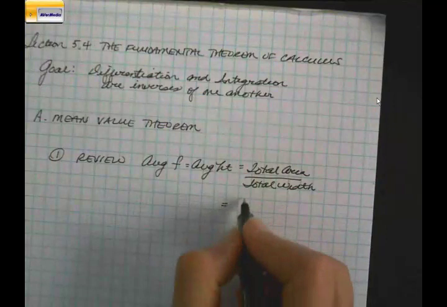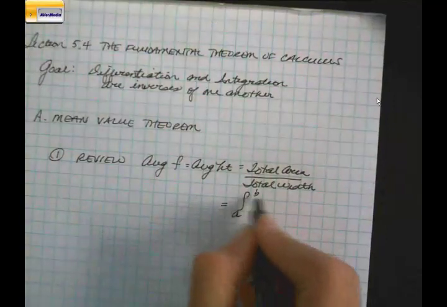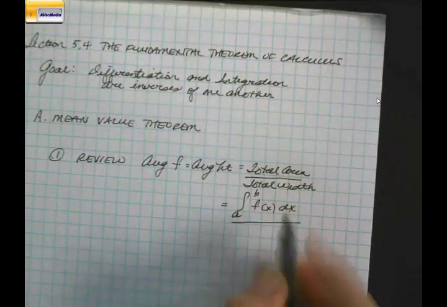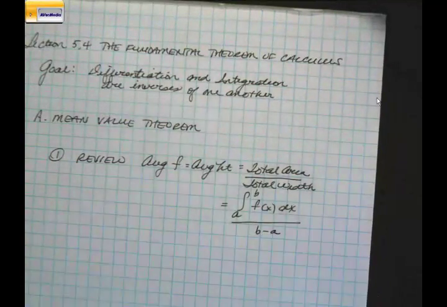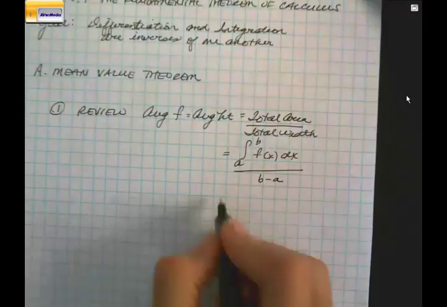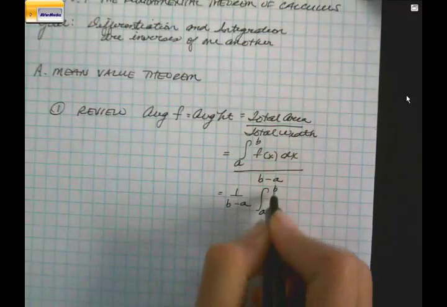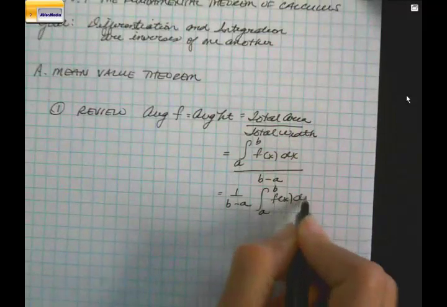But as we're working in calculus, we know that the area under the curve is to integrate from a to b of f of x dx, if you're looking between the values of a and b, and then divide it by width, where width is b minus a. Well, this is better written as just 1 over b minus a times the integral from a to b of f of x dx.